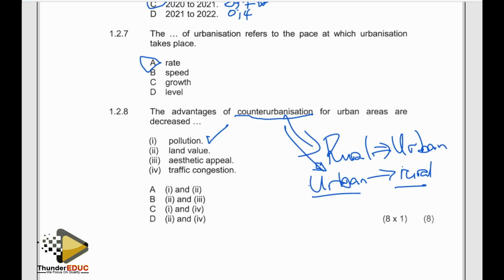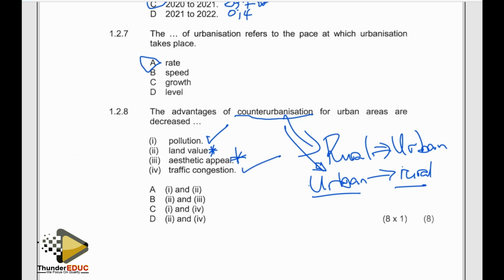And we take this one here, land value. A decrease in land value is not an advantage. Then we can also check aesthetic appeal does not decrease. If there are fewer people, it is going to increase. The urban area looks more beautiful with fewer people than being congested. Then there is also decreased traffic congestion. It's also correct.